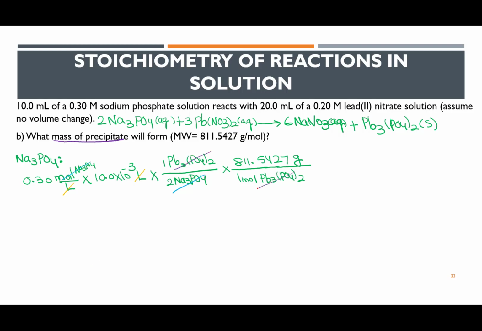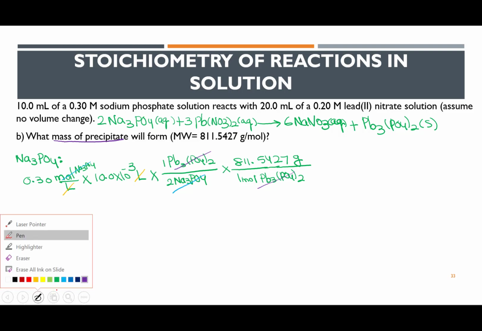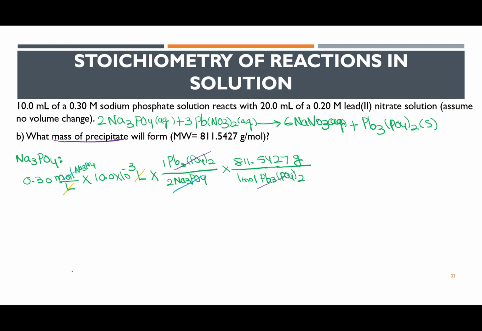The moles of lead(II) phosphate cancel, and I will end up with the mass of lead(II) phosphate, which is going to be equal to 1.217310405 grams of lead(II) phosphate.